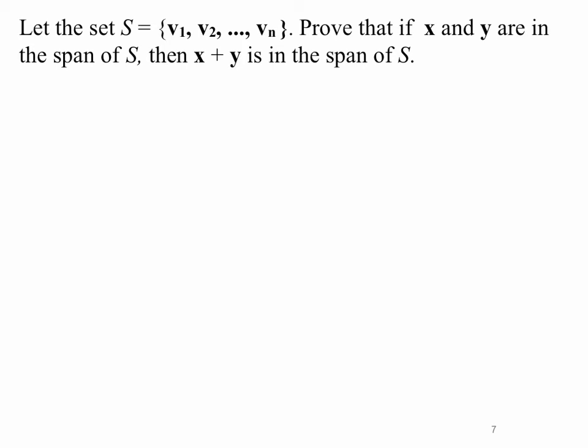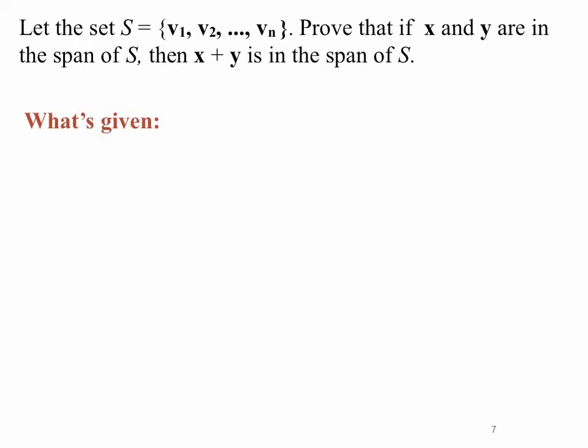So this statement is saying that if x and y are in the span of S, which means that x and y both are linear combinations of v1 to vn, then their sum, x plus y, is also in the span of S.